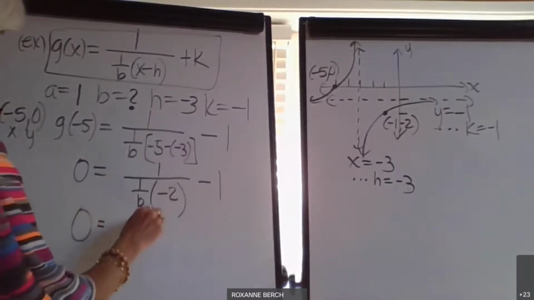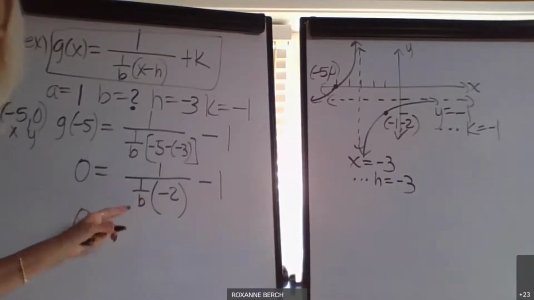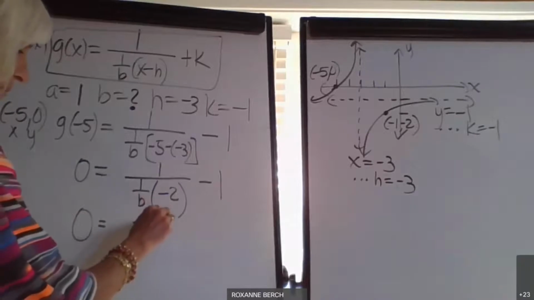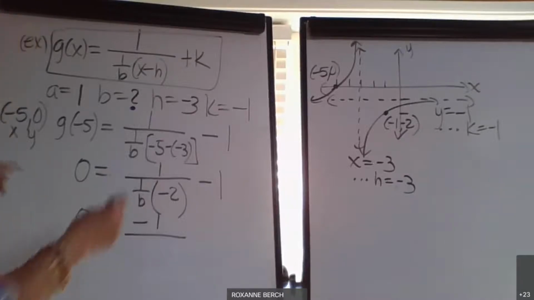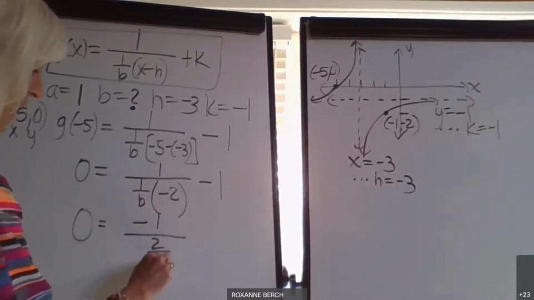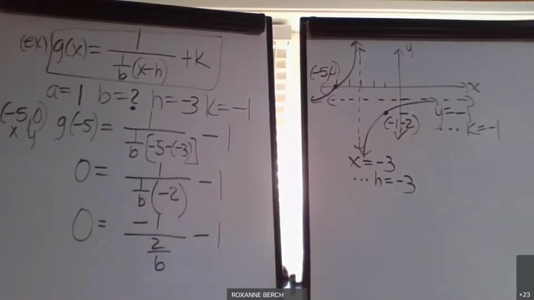So this ends up being, okay, everybody look up here, please. This ends up being -2 over B, right? So can I just move the negative up? Yeah. And remember what I told you yesterday about 1 over a fraction? Do you guys remember what I said? Did you just flip it? Yeah, it's the reciprocal.